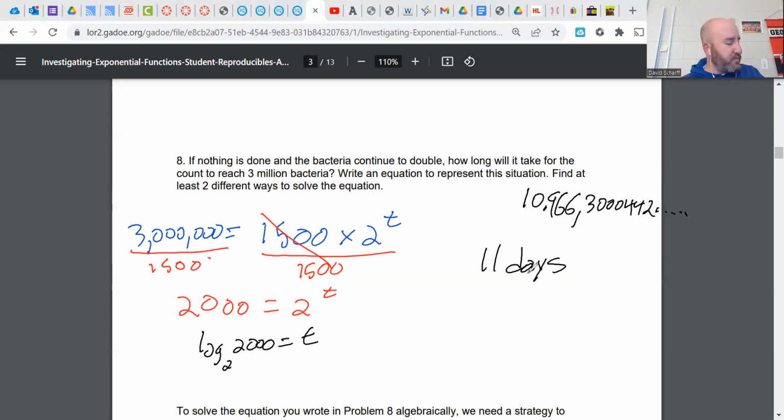For all intents and purposes, we will round that up to 11 days.